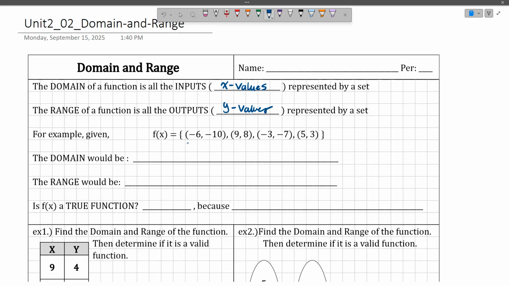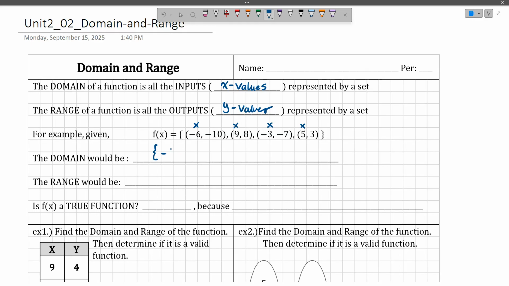All right? So, for example, we have a function. F of x is equal to this set of points. It's equal to 4 points. The domain would just be the x values. This one, this one, this one, and this one. And so I would write it. The domain is, I would use curly brackets here, and I would make a list. And I would do it in ascending order, from smallest to greatest.